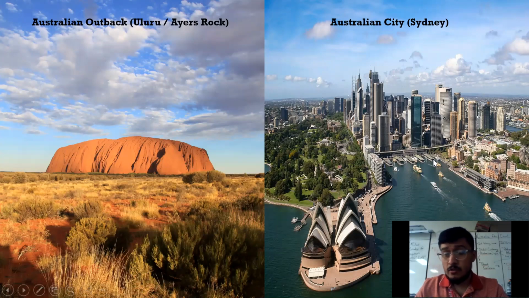And on the other side, mostly in eastern Australia, are these urban centers like Sydney pictured here with its very iconic opera house. A whole lot more cities and urban areas along the eastern coastline of Australia, because again, it's not part of the outback. It's not in that dry region of Australia.